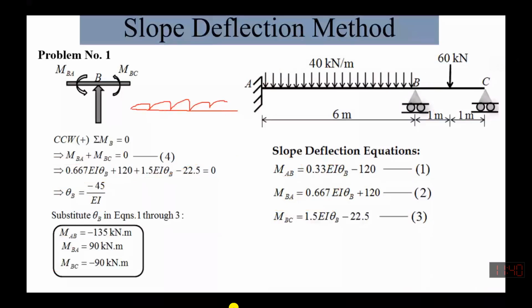There is an end moment over here, that is minus 135. Another one over here, that is 90. So can I find these two reactions?